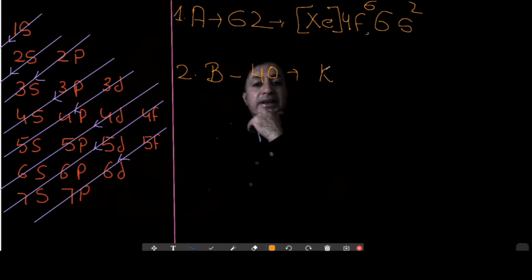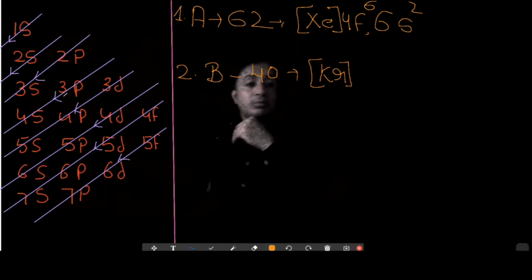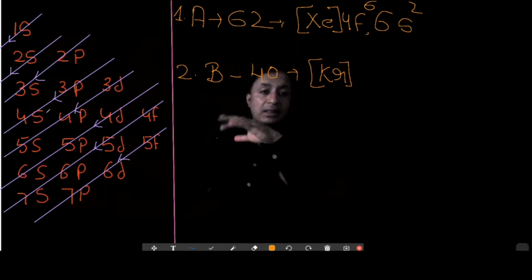So you will write krypton over here, and it means 36 electrons are already represented. Krypton means 1s2, 2s2, 2p6, 3s2, 3p6, then 4s2, which means already 20, then 3d10, then 30, then 4p6. So up to 4p6 electrons are already filled for krypton.